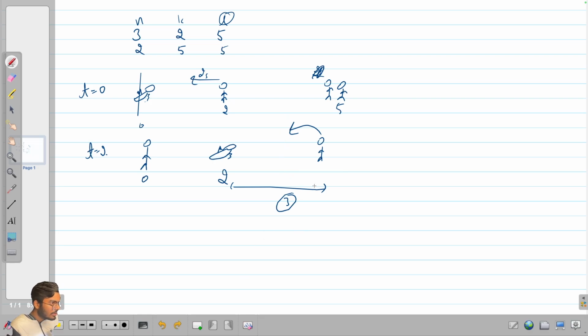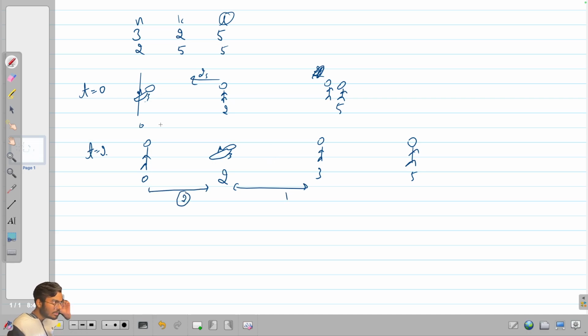So what will happen is this scarecrow will move towards the left and reach position 3, and one of the scarecrows will be at position 5. Now this distance is 1, this distance is k, which equals 2.